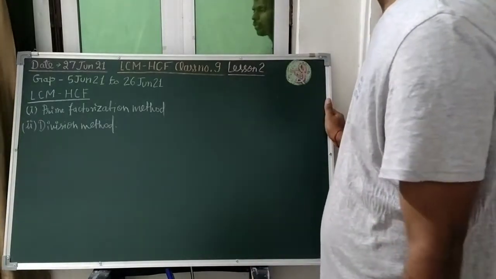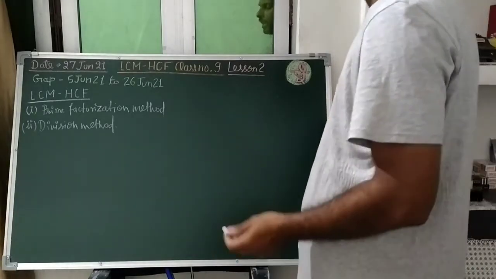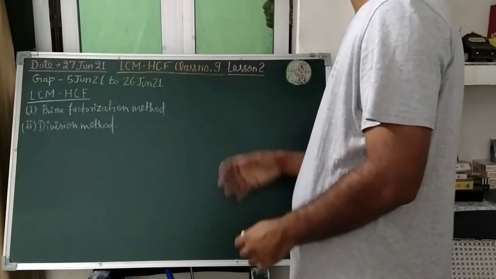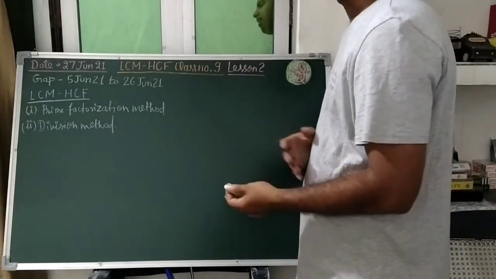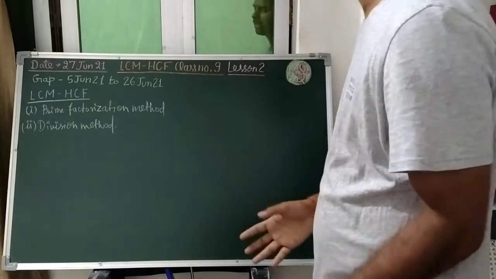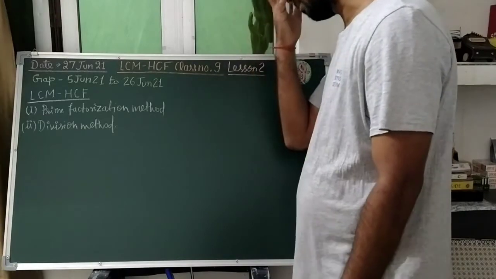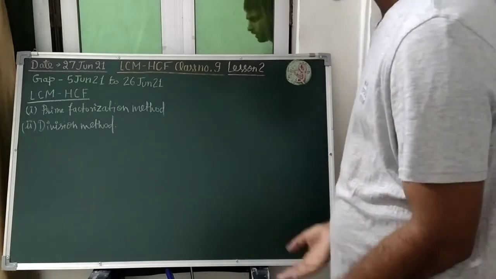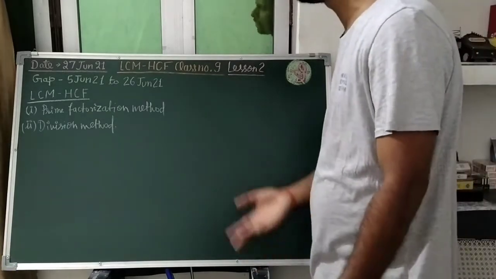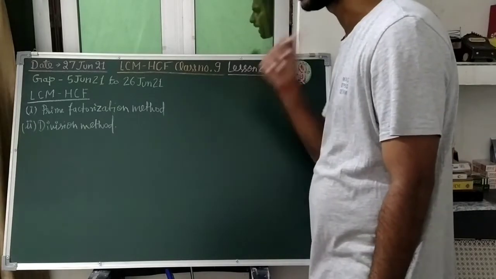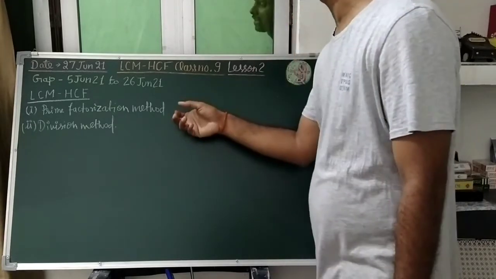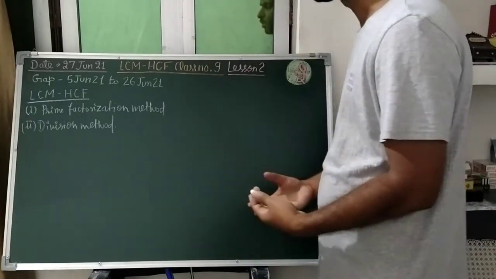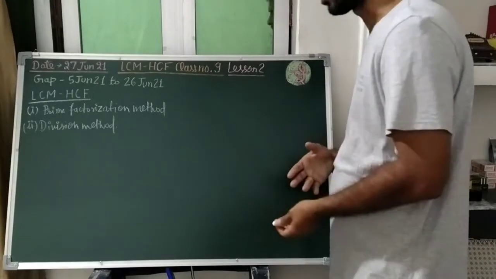Many students find it easy to find the LCM and HCF by the division method, and the prime factorization method can create some confusion in their mind. But I will tell you the easiest method is the prime factorization method, and it will give you a lot of ideas and results to make your mathematics strong.